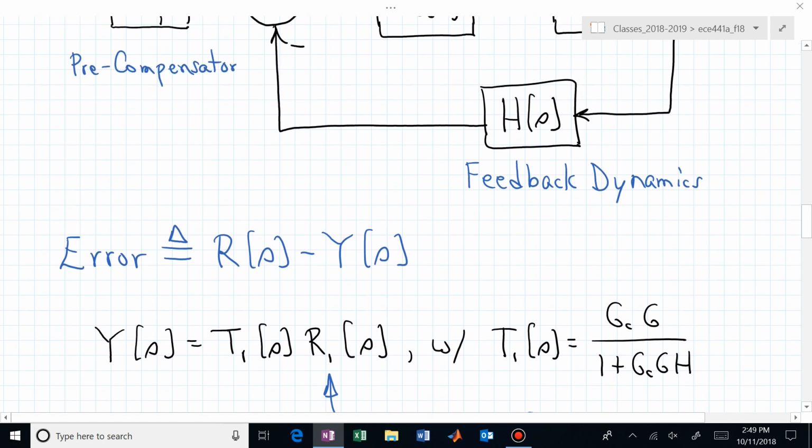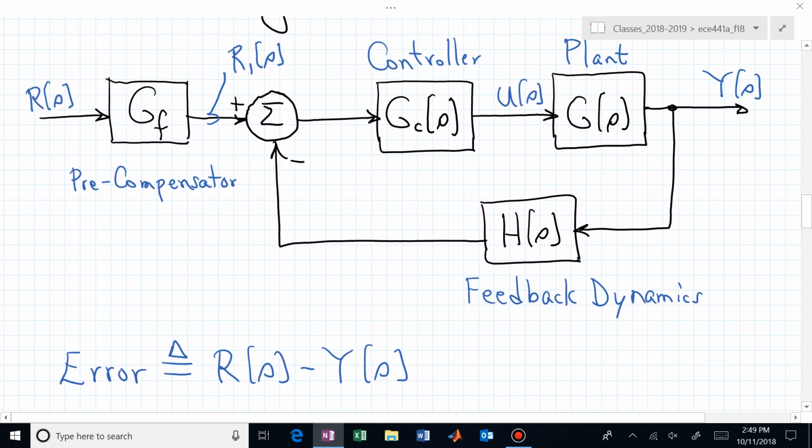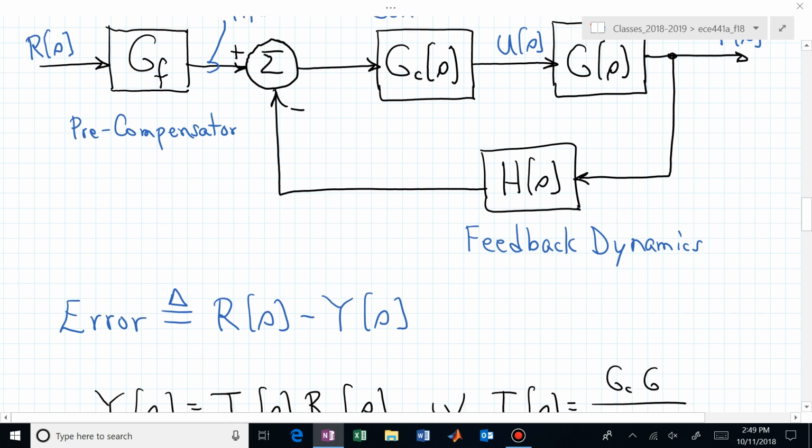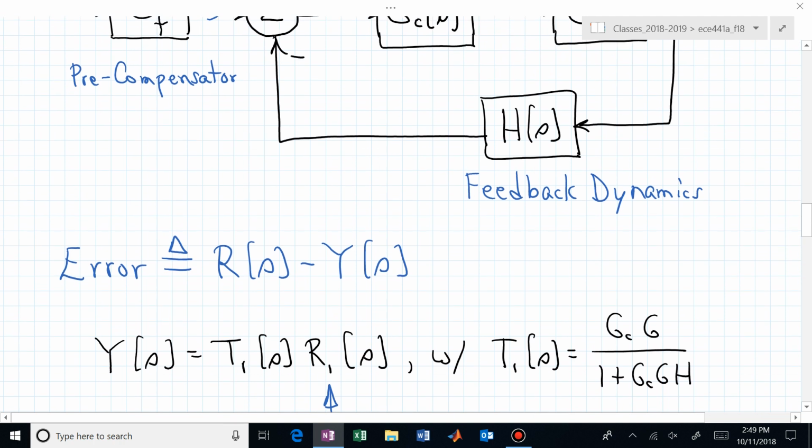So R sub 1 is this signal immediately to the left of the summing junction. Now we simply have G sub C G over 1 plus G sub C G H. That's our T sub 1.